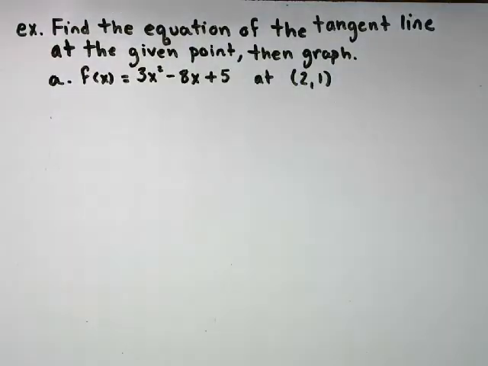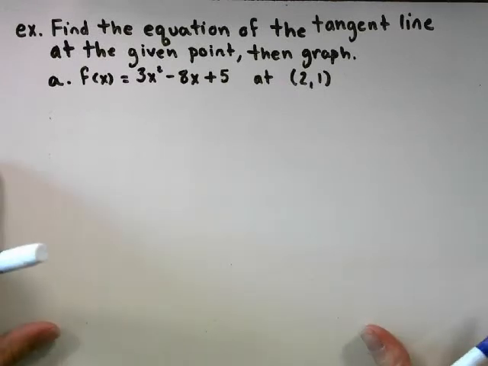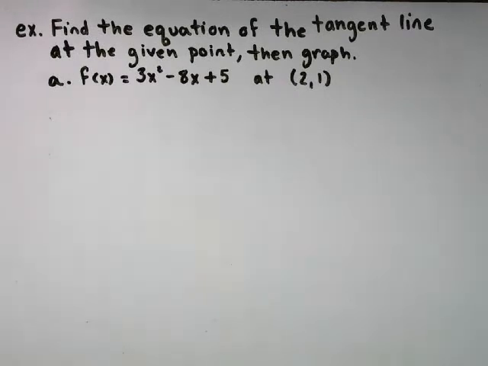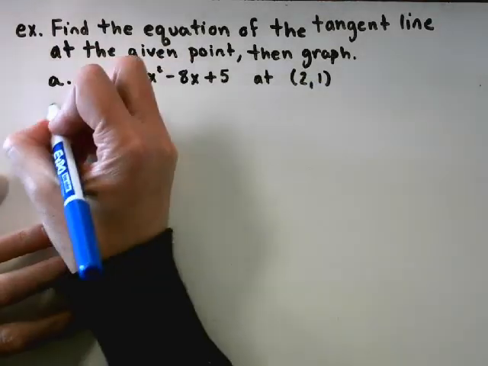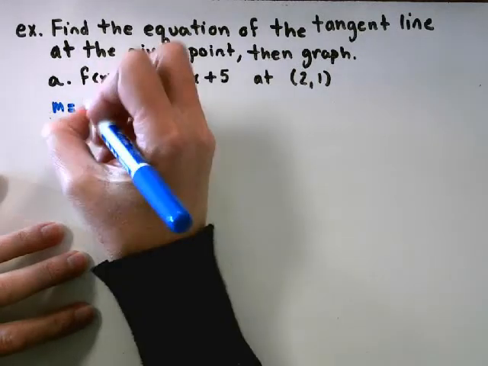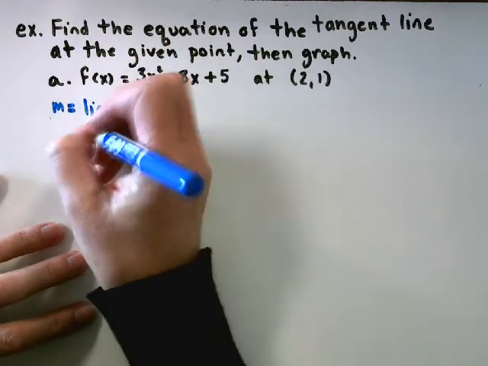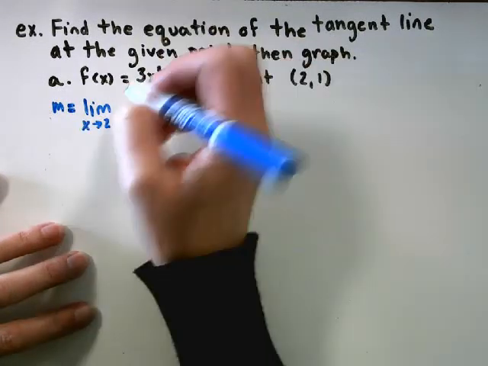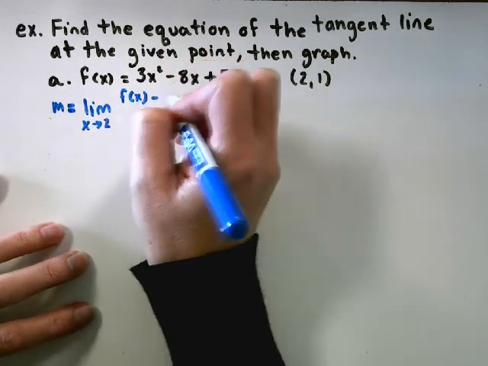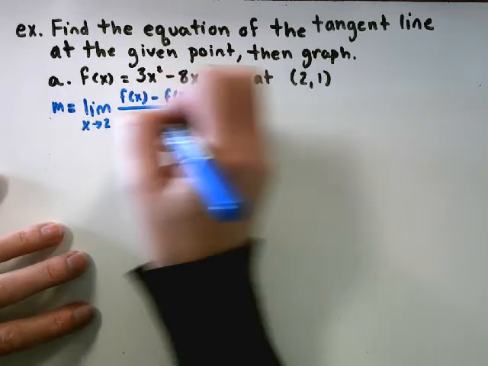Anytime we're trying to find the equation of a line, we need a point and the slope. So we have a point, (2, 1), and our slope we're going to find using our tangent line formula. So my slope is going to equal the limit as x goes to 2 of f of x minus f of 2 over x minus 2.